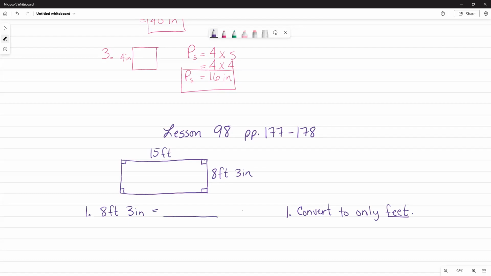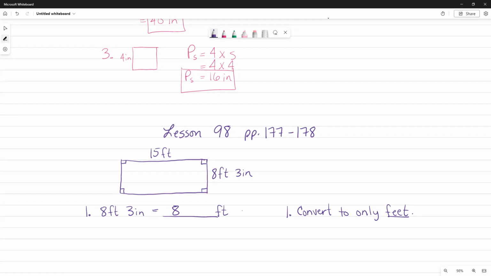We've done this in the past. 8 feet 3 inches is how many feet? Well, we know it's 8 feet. We just don't know what the rest is. So you're going to convert the inches to a fraction. Sometimes you're going to end up with one of those repeating decimal fractions, like 1/3 or 2/3, something over 9. So you want to keep it in fraction so that you don't have to round a repeating decimal.